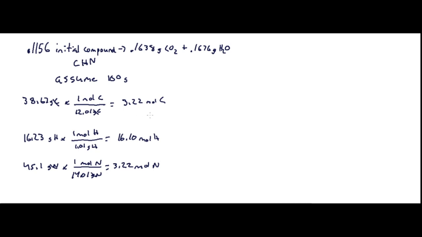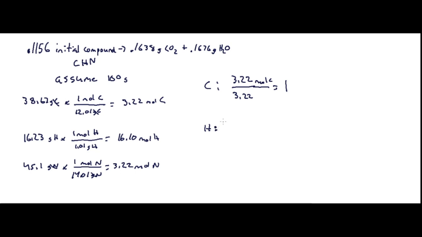So now you take the smallest amount of moles, which in this case is 3.22. You're going to divide each of the moles of the element that you found by 3.22. So for carbon, we're going to have 3.22 divided by 3.22, and that's going to be equal to 1.